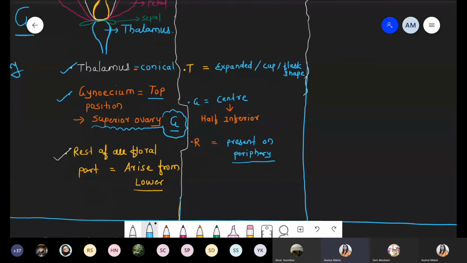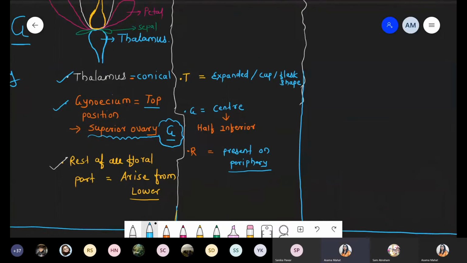R for the rest of all floral parts. Title sabko same hai, but the equal to ka part change ho jata hai. Ma'am, it is present on the periphery, right? Yeah, periphery, on the surface, on the margin. Hum diagram mein dekhenge. Done?